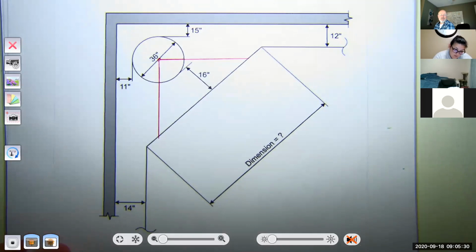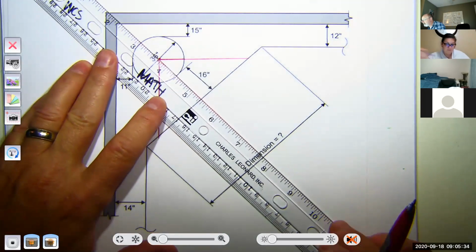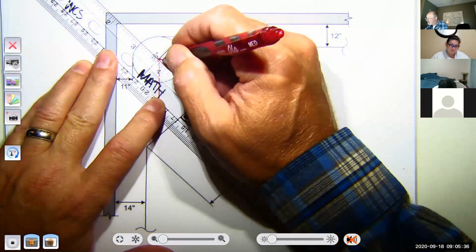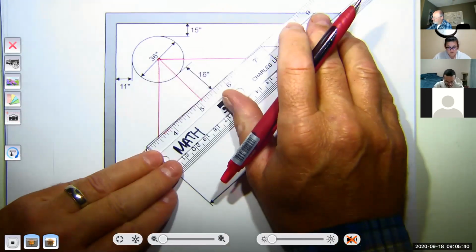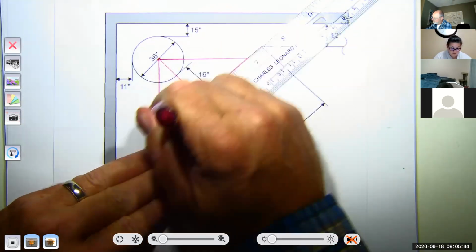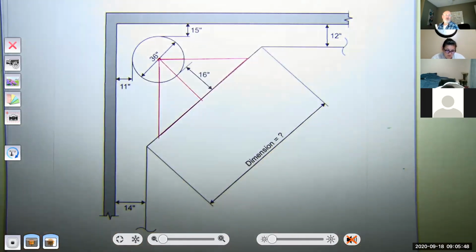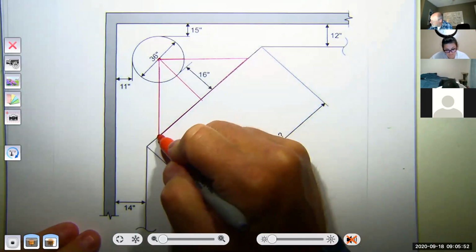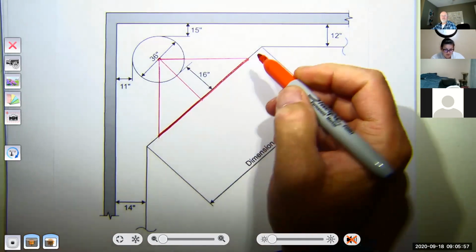I know it may not look like it, but what I just did there is I drew two 45-degree right angle triangles. There we go.